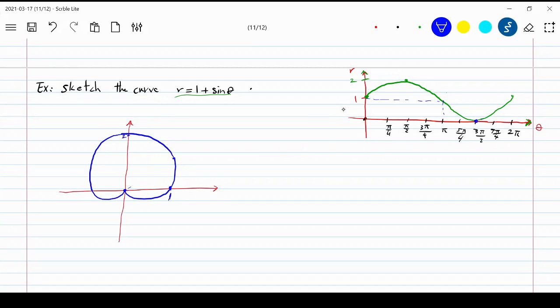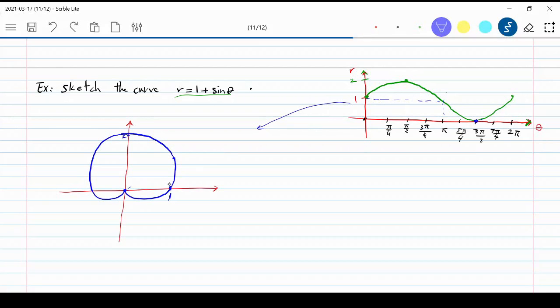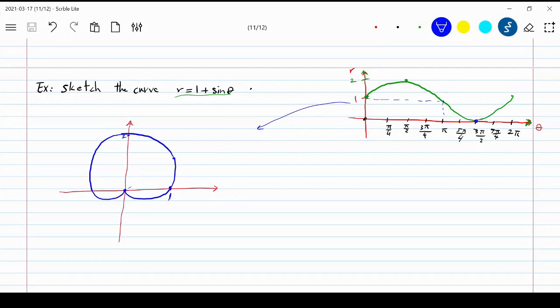So basically, you can use this to express how the radius is increasing and decreasing depending on the angle. From 0 to pi half, the radius is increasing. Then from pi half to pi, the radius is decreasing symmetrically. Then after that, the radius will decrease to 0.